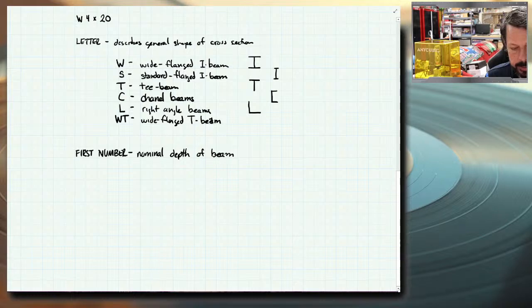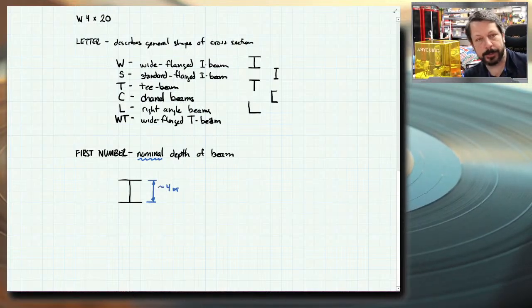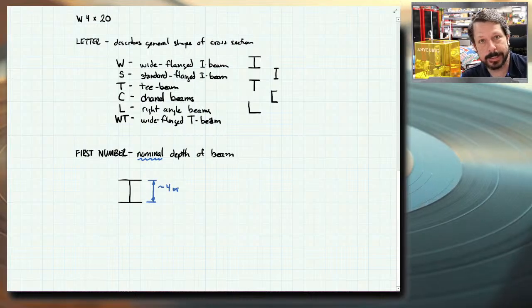So in our case, if we have a W4, that means we have a wide flanged I-beam, something like that. And this distance from here to here, now this is nominal, so it's approximately 4 inches, assuming that these 4 by 20 is talking about a US sized beam.